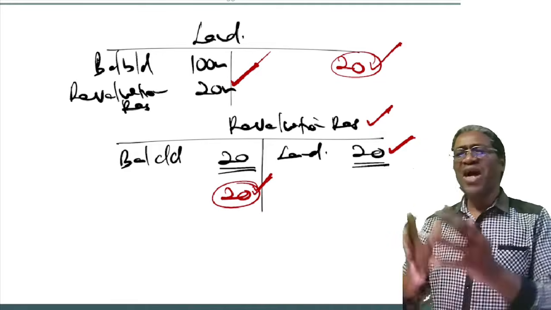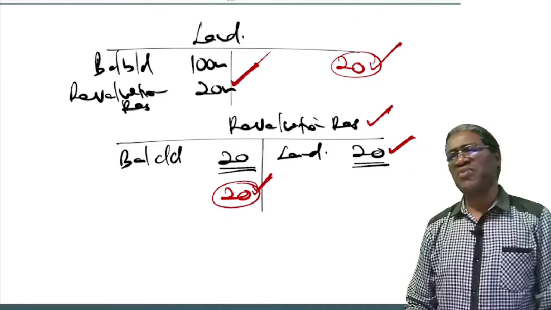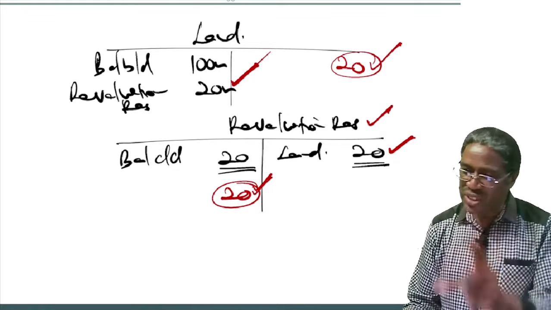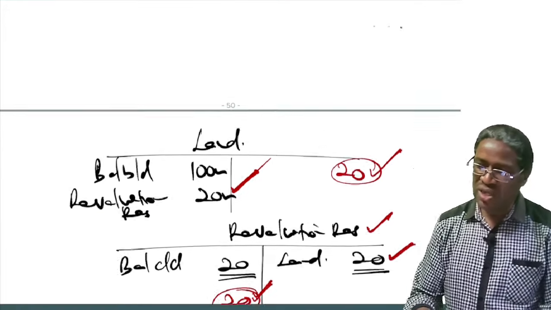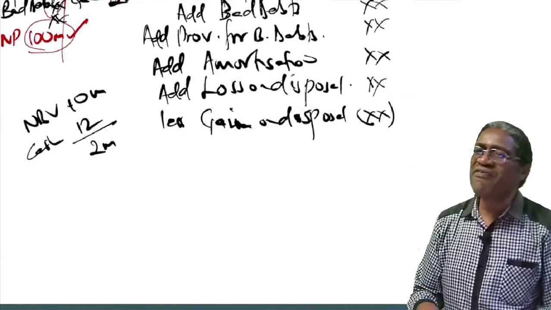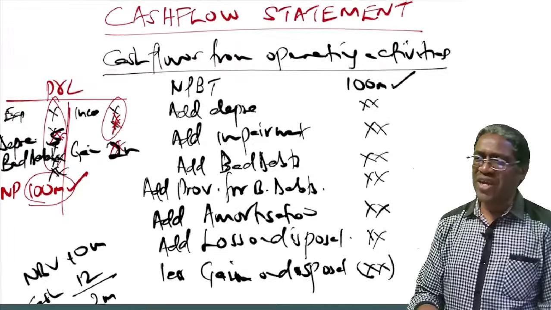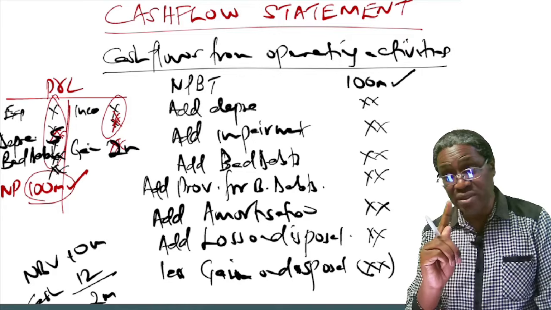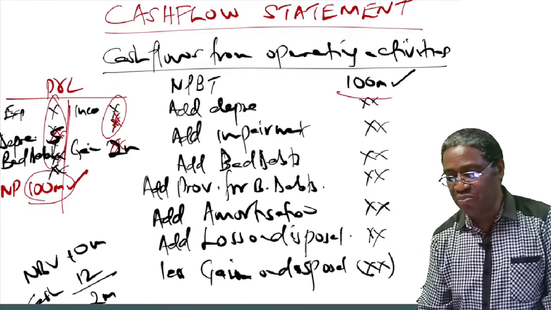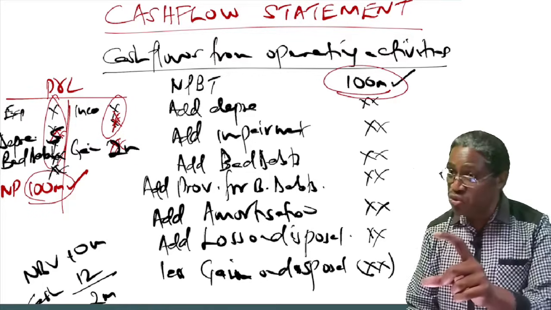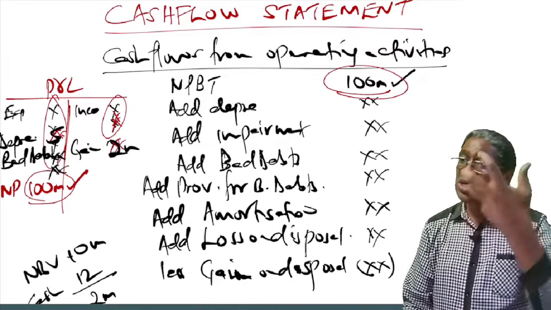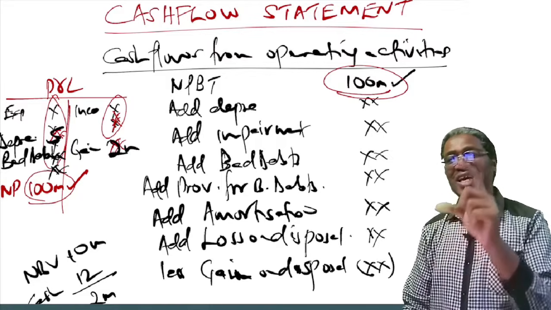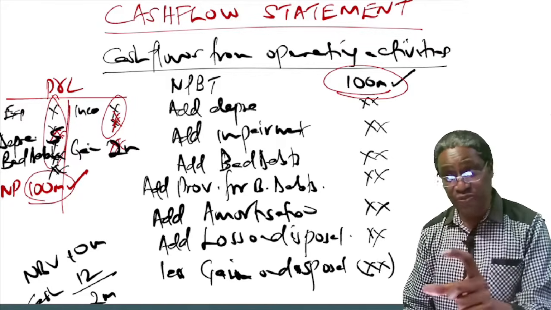So as much as it's true that this revaluation loss is a non-cash item, the point is, is it affecting what we are trying to adjust? Don't forget, we are trying to adjust this profit before tax. I told you operating activities are those transactions and events that are used in the determination of profit.